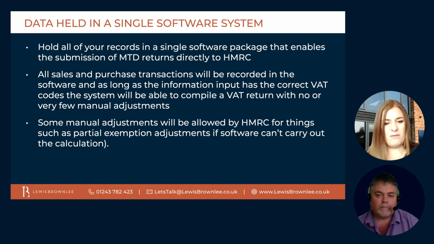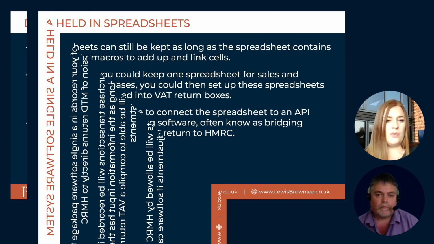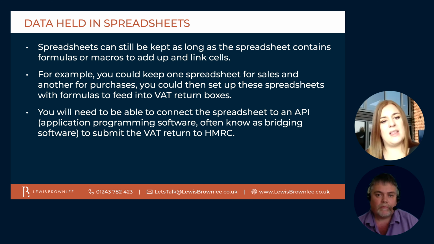There will be some allowances for manual adjustments for things such as partial exemption, which normally can't be carried out on software. There's a common misconception that that means that there'll be no more keeping of records on spreadsheets, but that's not the case. Spreadsheets can still be kept as long as the spreadsheet contains formulas or macros to add up and link cells.